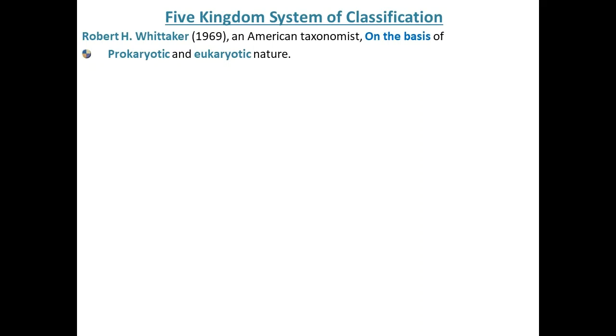Pro stands for first or primitive. Karyote means the nucleus. U stands for true, karyote is for nucleus. So a very important point he took into consideration is the cell type. That's why all the prokaryotes are taken out and kept in a separate kingdom, and eukaryotes are further classified. That's number 1: whether organisms are prokaryote or eukaryote.